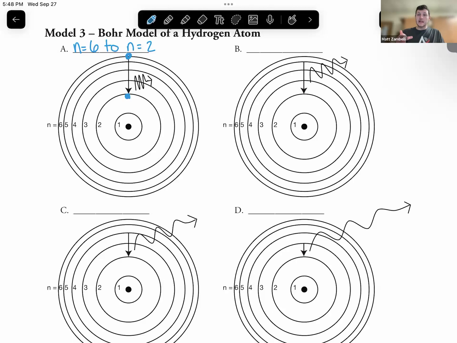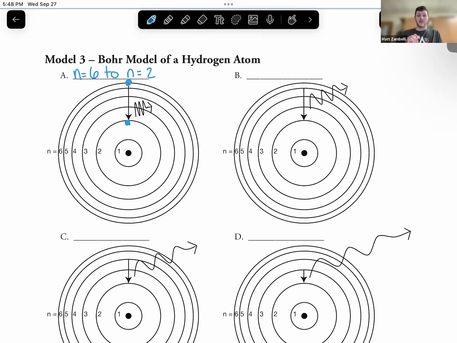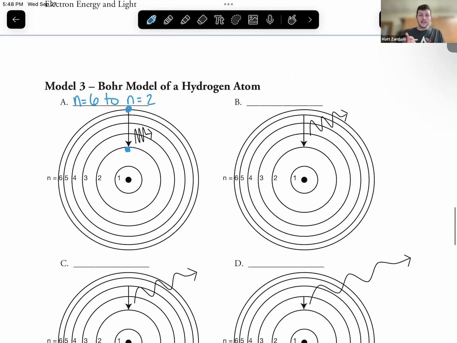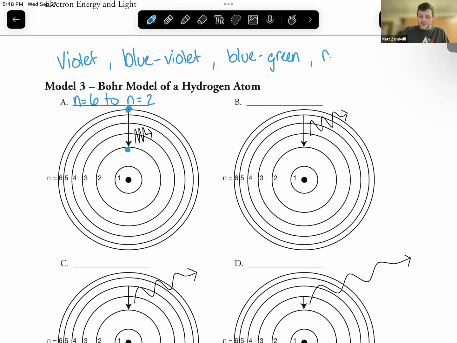Last thing you need to do, and this is more based off of model 2, you need to decide which of the 4 is each color. So you need to decide which one is violet, which one is blue-violet, which one's blue-green, and which one's red.